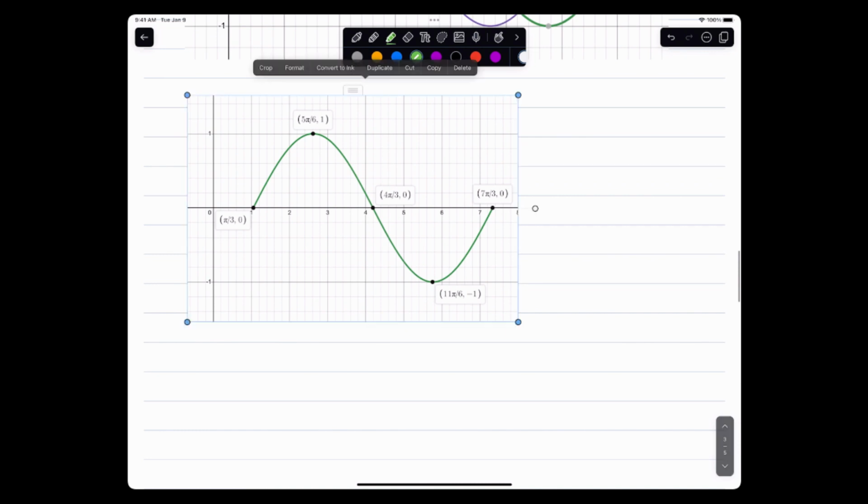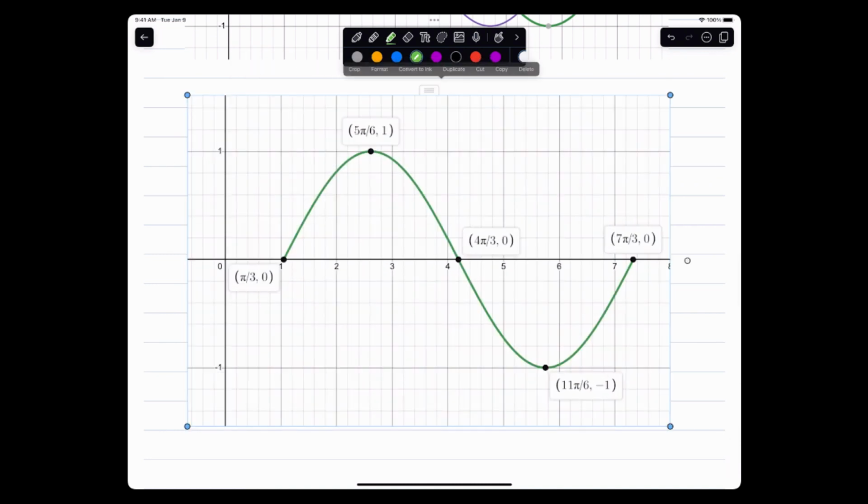Right? My point to you guys with everything we're looking for, notice that location here. Those are the x-intercepts. This is where we did our arithmetic.